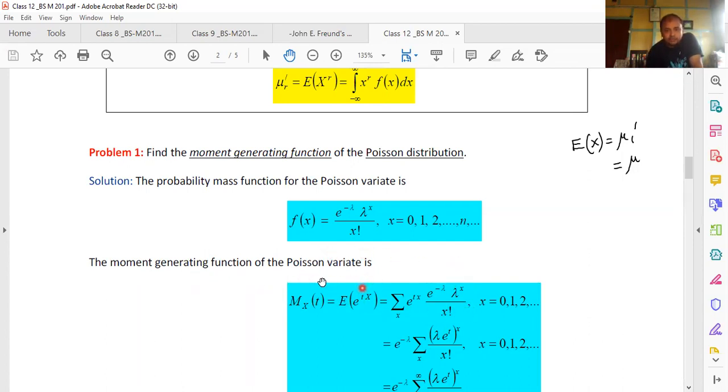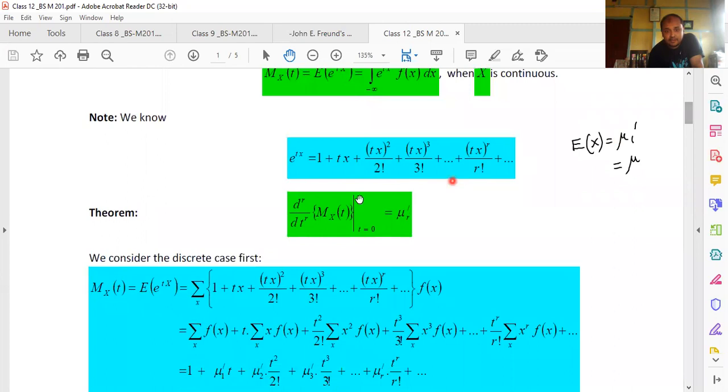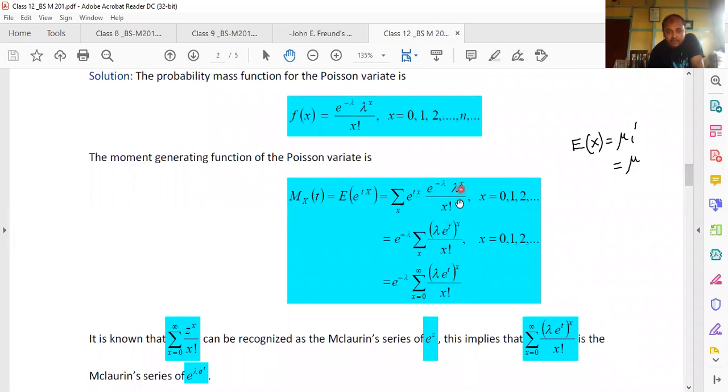Now, the moment generating function of the Poisson variate is given by mxt, which is this, and then I'm replacing the probability function. Let us have a look at the formula. The formula was like this thing multiplied by fx. Fx is the probability function. So here I am putting the fx, which is the Poisson probability, and e to the power tx remains the same.